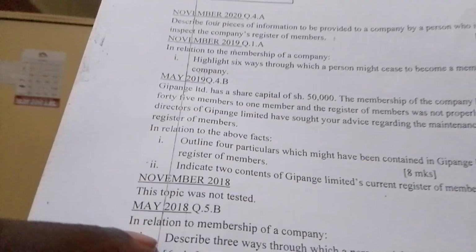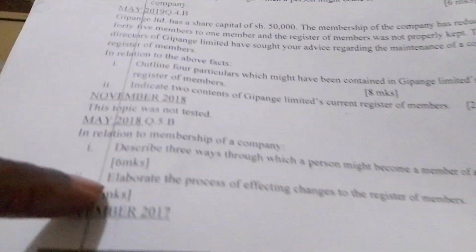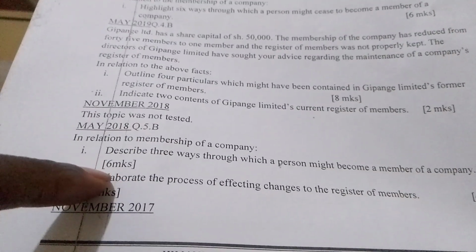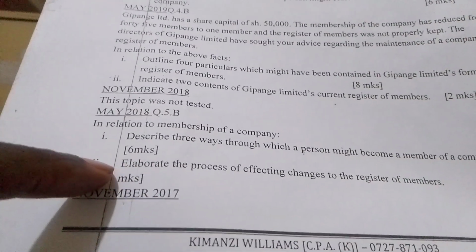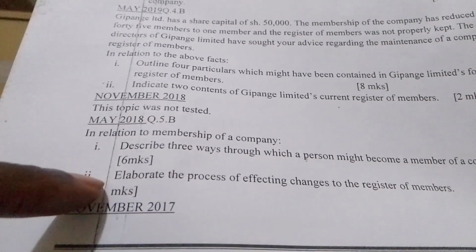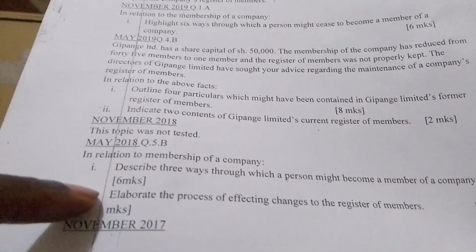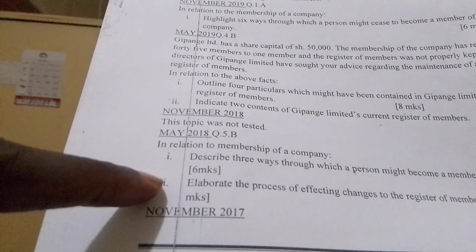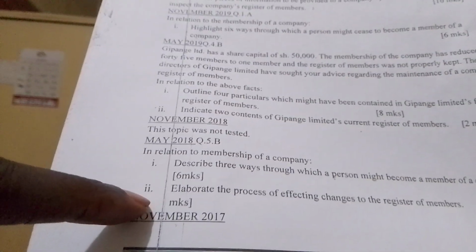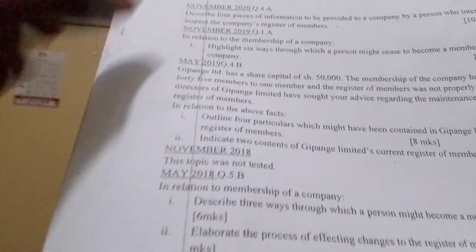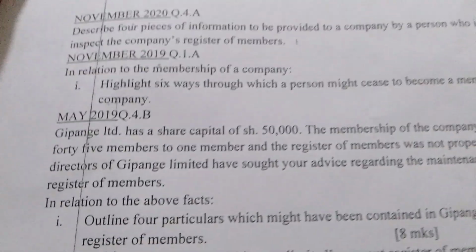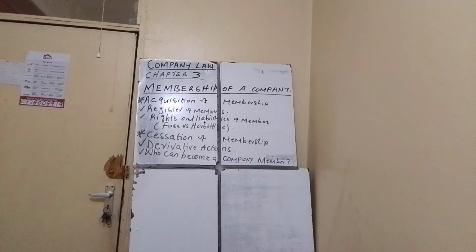May 2018, question 5B. Describe 3 ways, in relation to membership of a company, through which a person might become a member of a company. You can just answer that and that is it. So I think we have come to the end of that.